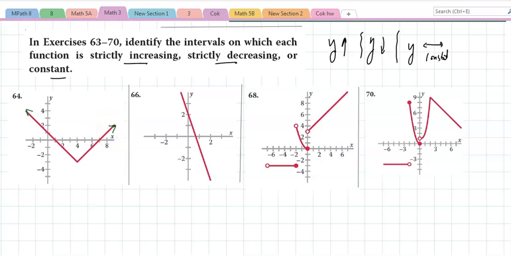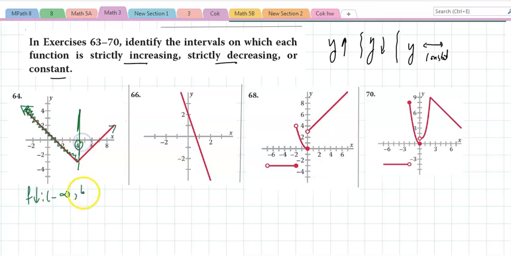If I read this graph left to right, if I'm walking from left to right, do you agree that I'm coming down as I move left to right? Coming down is decreasing. Y is decreasing on what? You want to label the x coordinates. How far to the left does this run? Isn't that negative infinity? And doesn't that come all the way to this value?